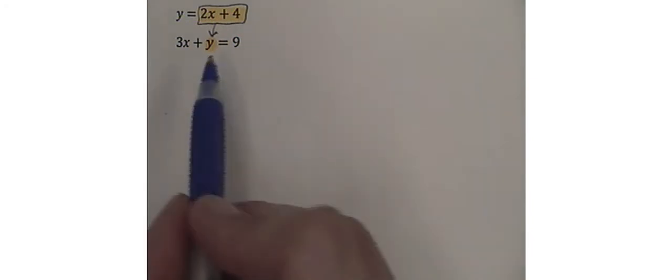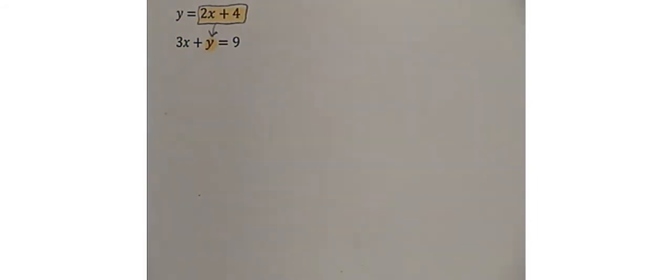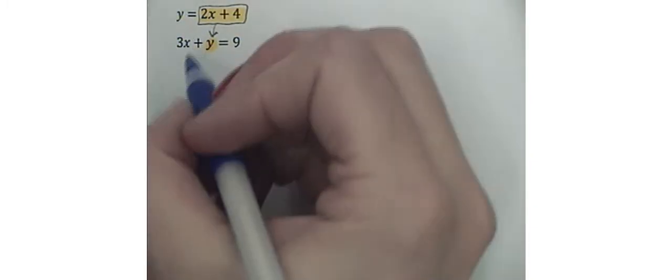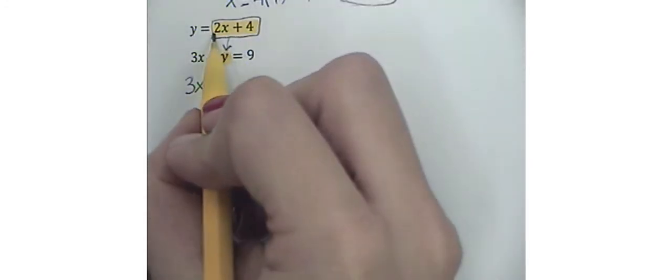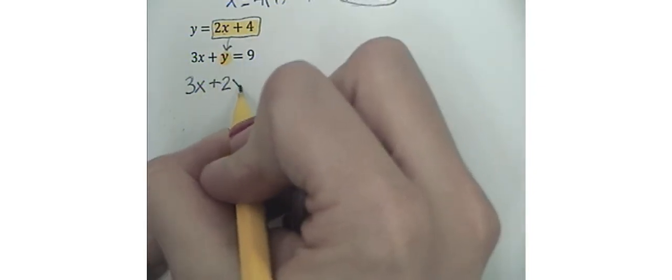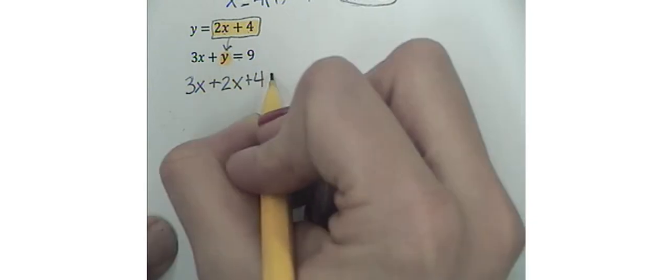Now, I do not have a coefficient, a number in front of y that y is being multiplied by, so I don't need parentheses here. So I'm just going to write the 3x plus 2x plus 4 equals 9.